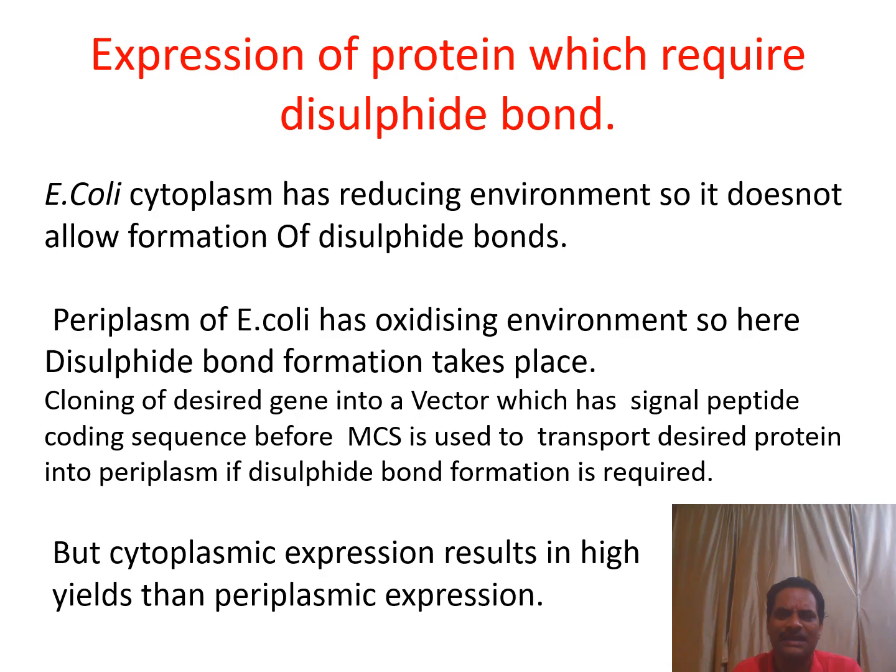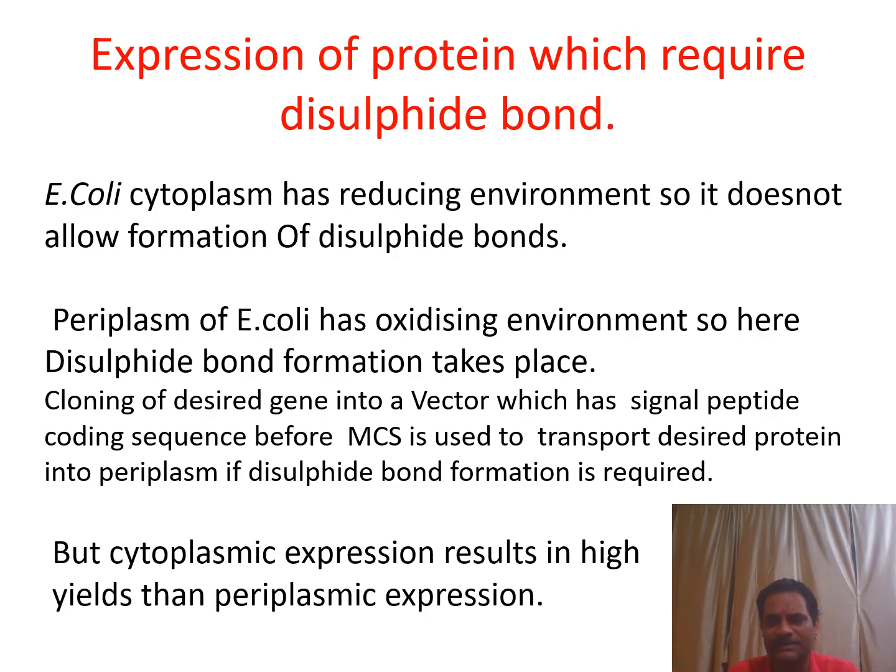Now I am coming to the disulfide bond formation. As you know, most proteins require disulfide bond formation for their proper folding, as you can see in case of insulin, and in other proteins also. Normally, E. coli cytoplasm will not allow disulfide bond formation.